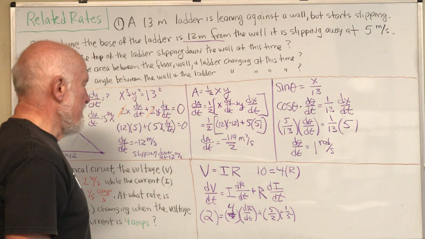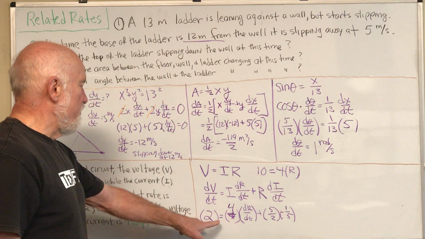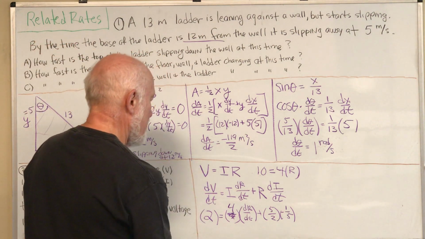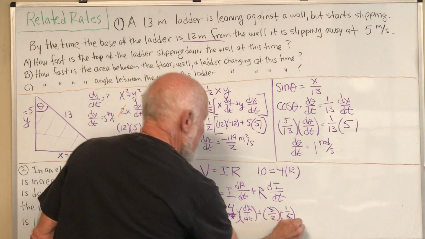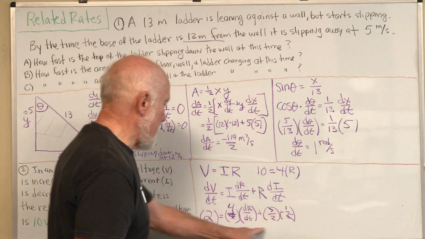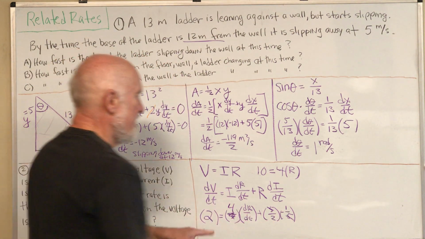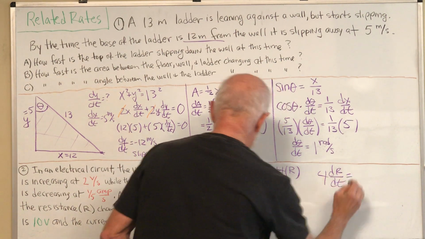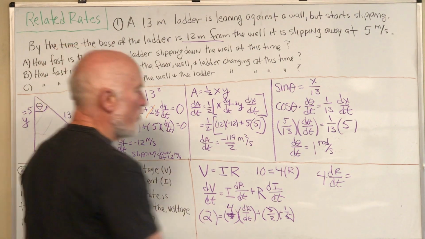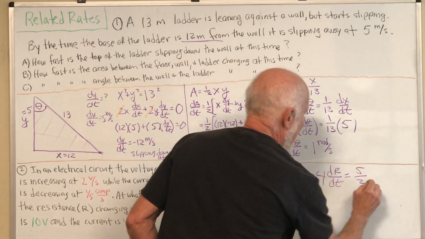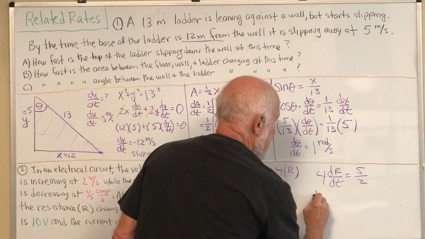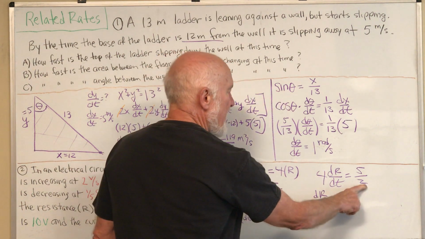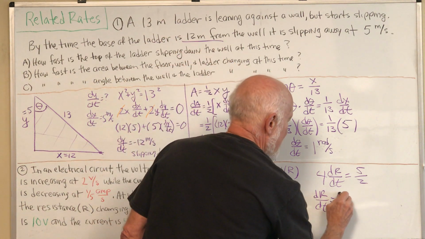So at this point, we should be able to solve for dR dt. So if you cross out the 5's and bring this negative 1/2 to this side, you get 4 dR dt equals 2.5, or 5 halves. So dR dt is equal to, if I divide by 4, 5/8.